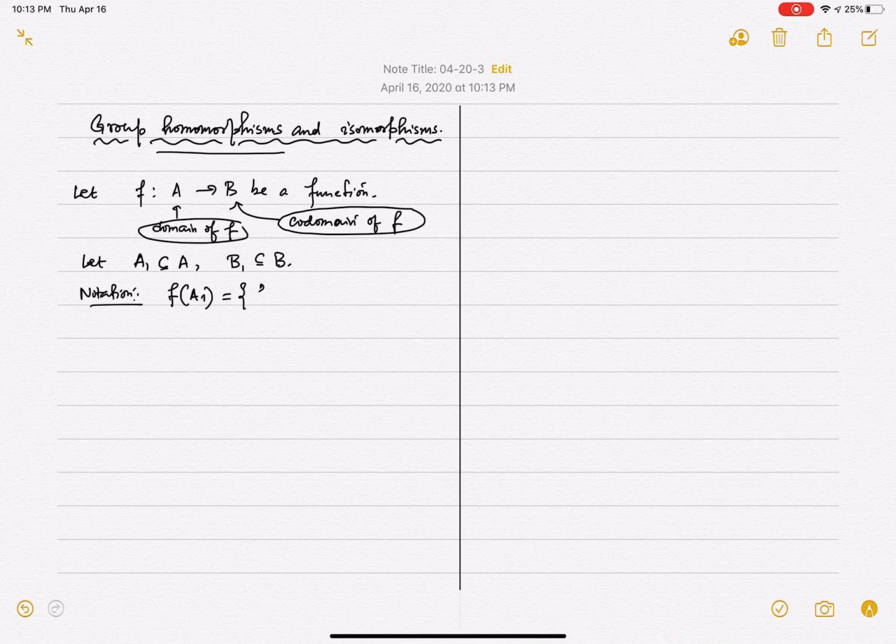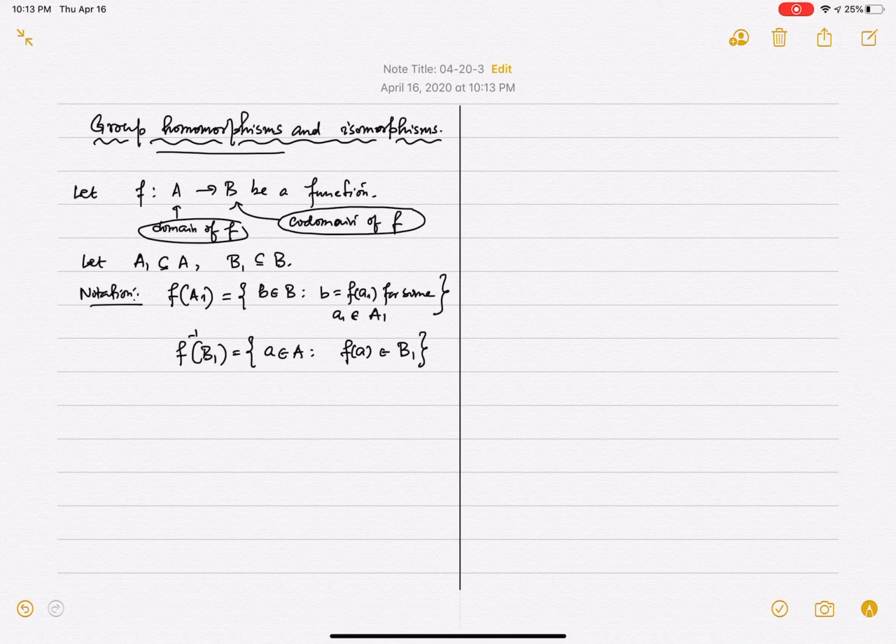So it's like all the things in B that can be written as f of a for some a in capital A1. And we write f inverse of B1 to be all the things in A for which f of a is in B1.